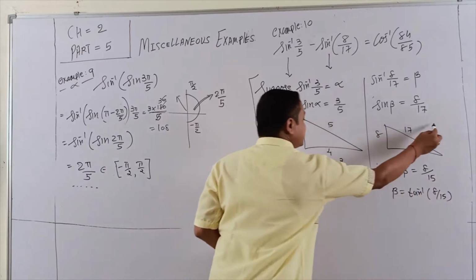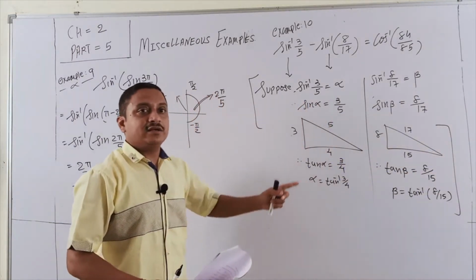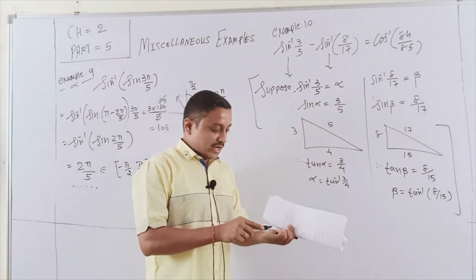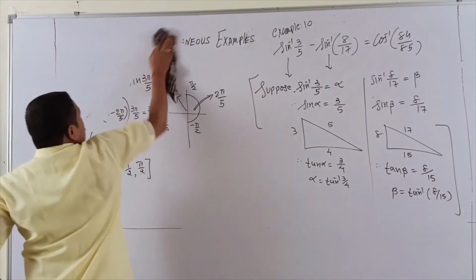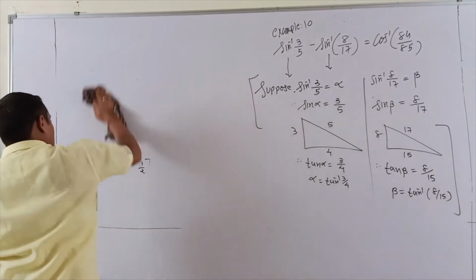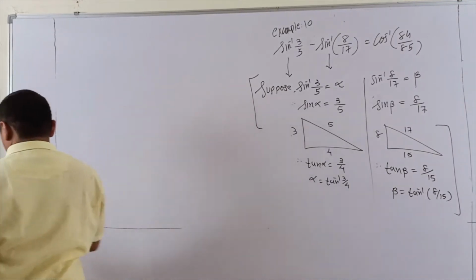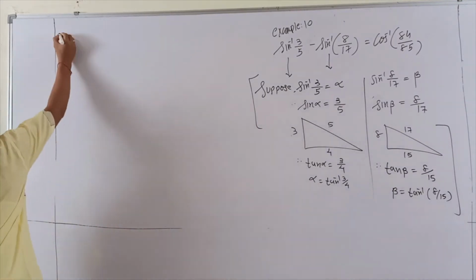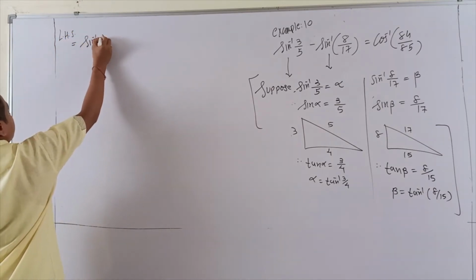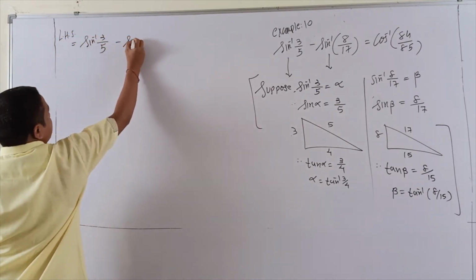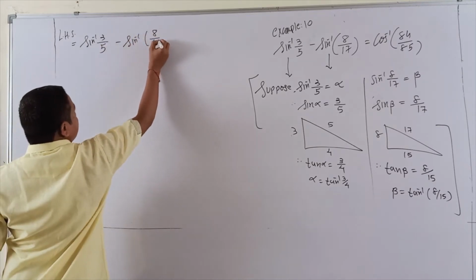Now students, here I actually start my sum. So I go into our LHS part. What is my LHS? Sine inverse 3 by 5 minus sine inverse 8 by 17.